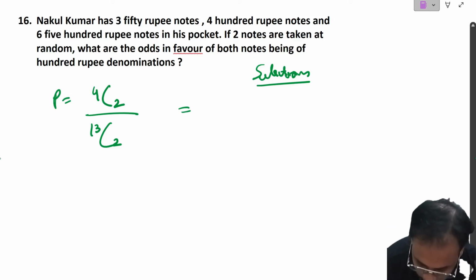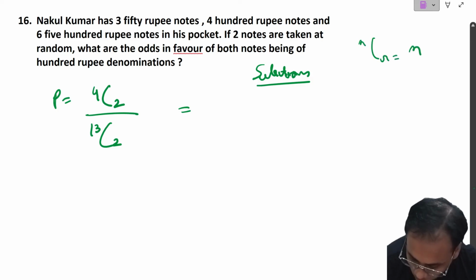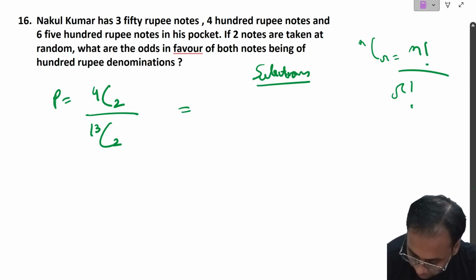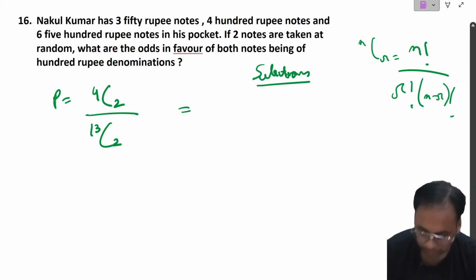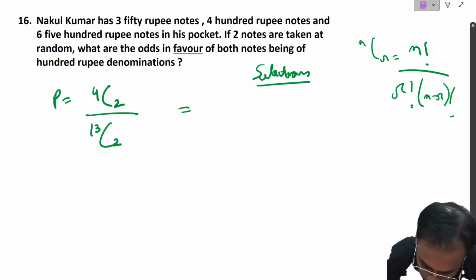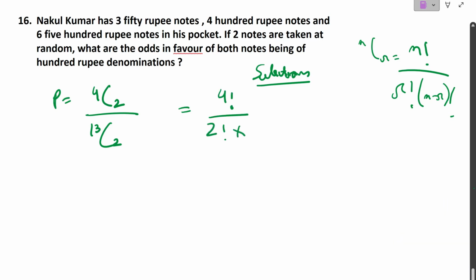So now we go on. If you know the formula, nCr equals factorial n upon factorial r into factorial n minus r, we'll apply it here. So it becomes factorial 4 upon factorial 2 into factorial 2, divided by factorial 13 upon factorial 2 into factorial 11.